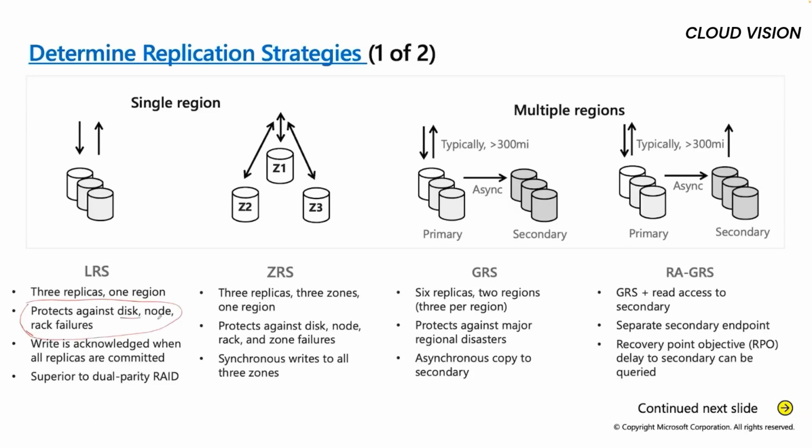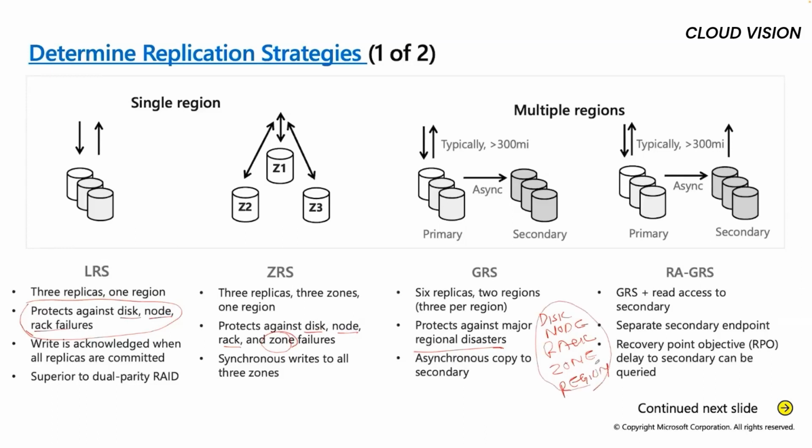LRS protects against disk, node, rack. ZRS protects against disk, node, rack, and zone, whereas GRS protects against major regional disaster. So it also covers all of these: disk, node, rack, zone, and region as well. So it protects against all of this.